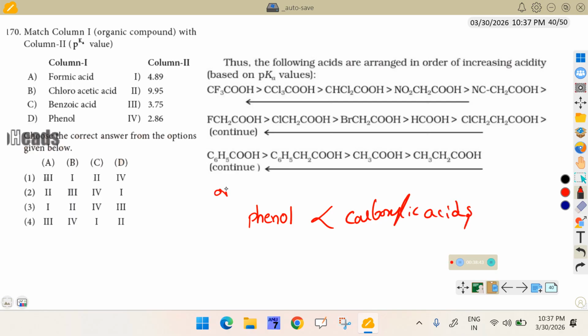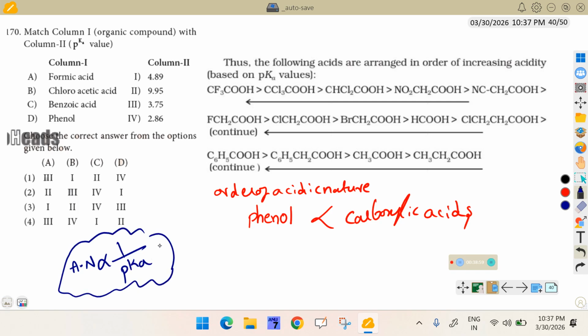Order of acidic nature: we know that acidic nature is inversely proportional to pKa. Phenol is least acidic, so phenol's pKa value is more. A starts with 2, only one option, the second option.